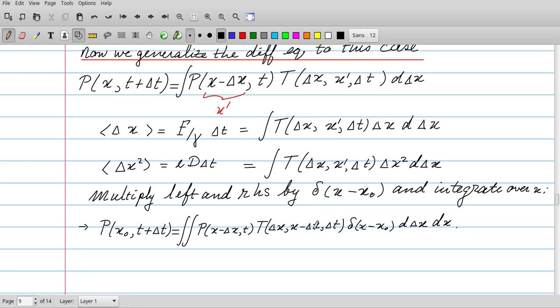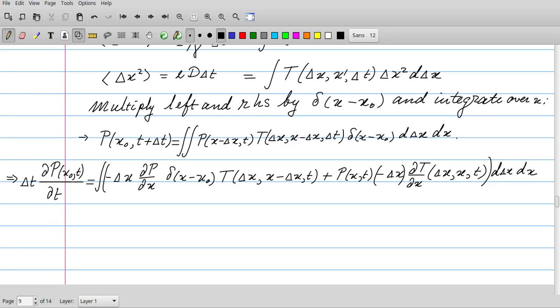That's the same, but I would like to have only x and delta x as variables and not a third variable x' into the problem. And then I have here my delta function and I integrate over x. It is then natural to Taylor expand that equation, and if we take the zeroth order term on the right hand side together with the delta function, it gives me a minus p(x0, t) on the left hand side.